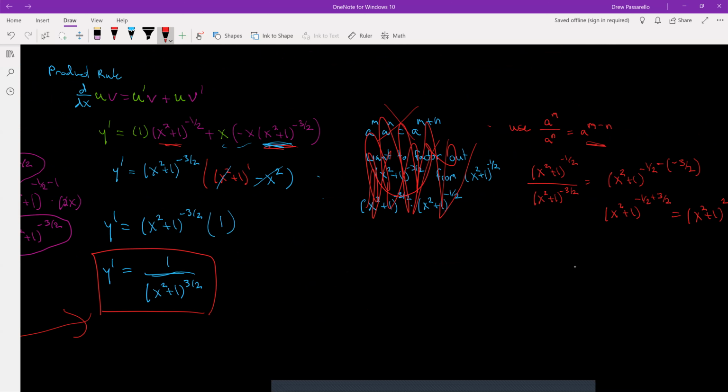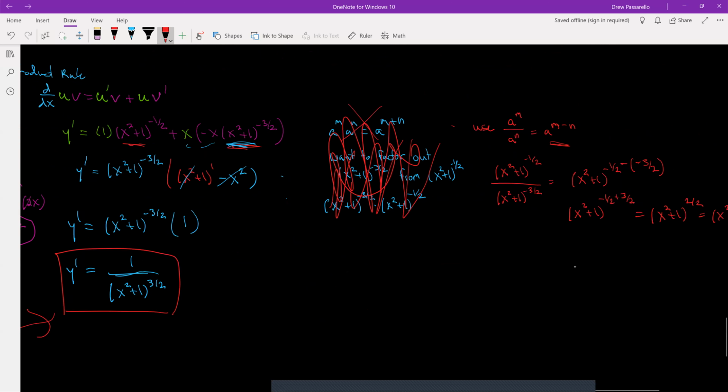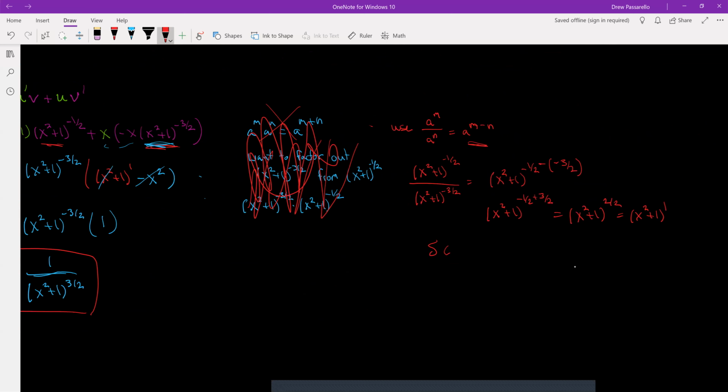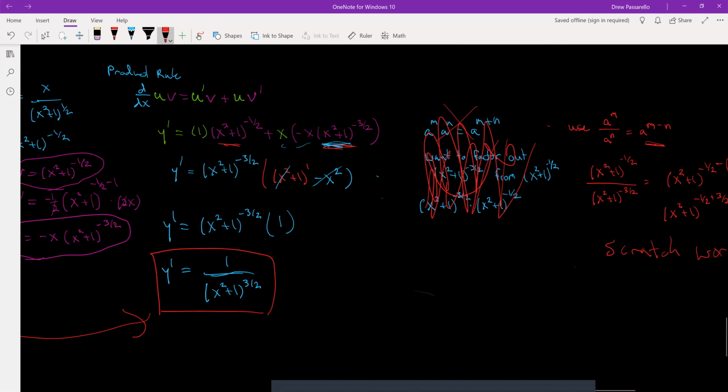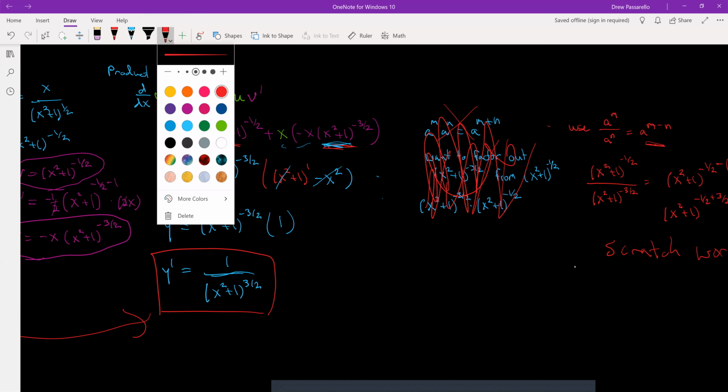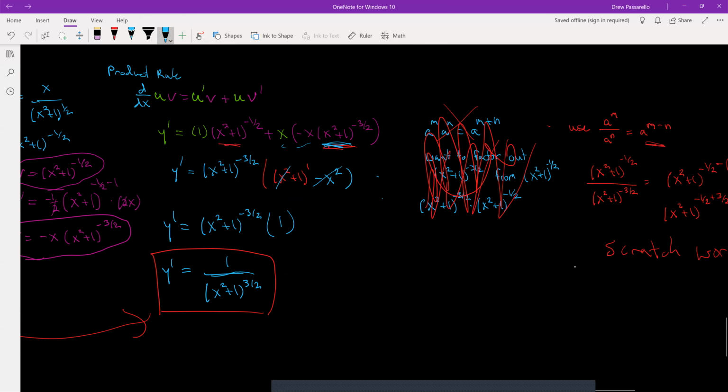And then to get what's in red, x squared plus 1 to the first power, this is like scratch work. And really all I did was I took the factor out of x squared plus 1 to the negative 1/2. So I just divided this by this.